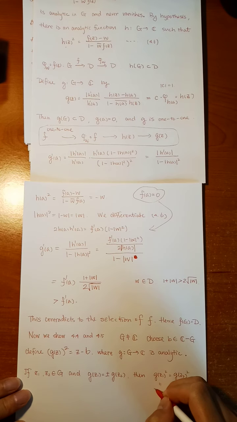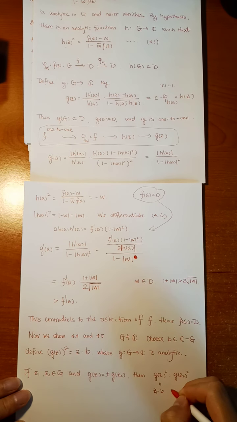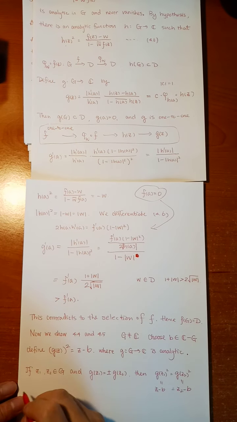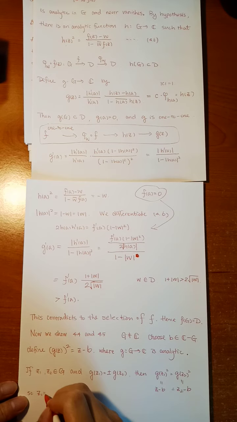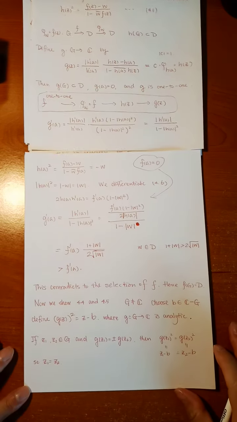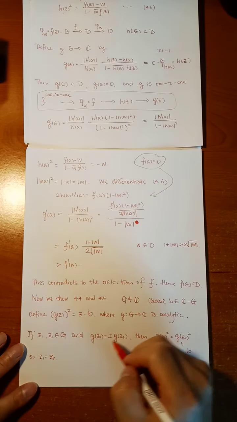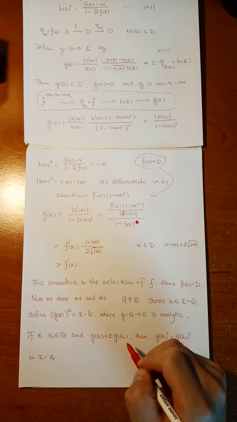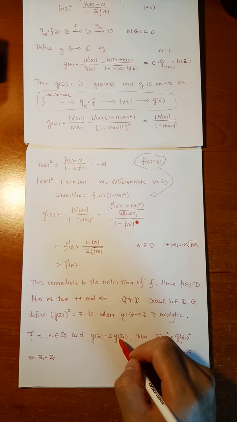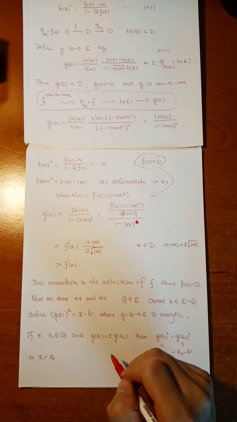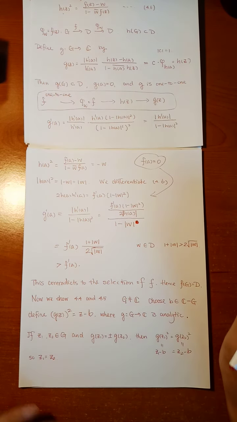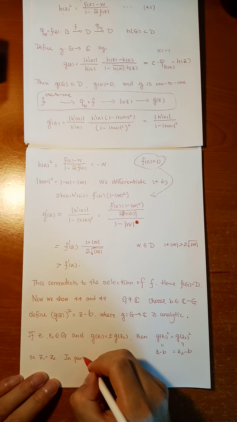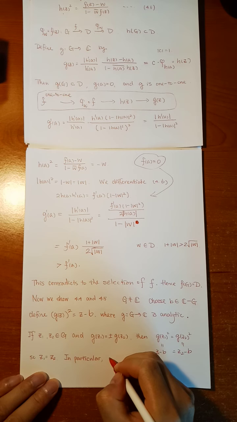They are both equal to z1 minus b and z2 minus b. So z1 is equal to z2. This condition is stronger than one-to-one. It's not just that g of z1 cannot equal positive g of z2, it cannot equal the negative g of z2 also. So in particular, g is one-to-one.